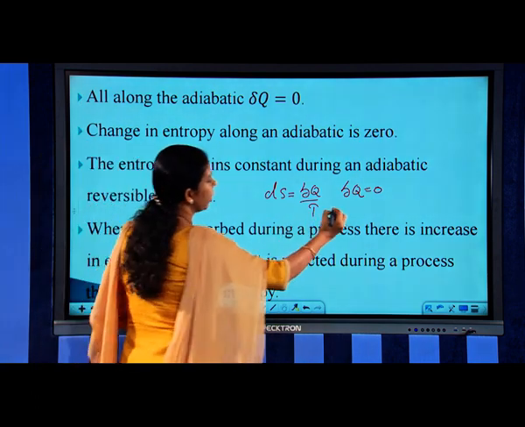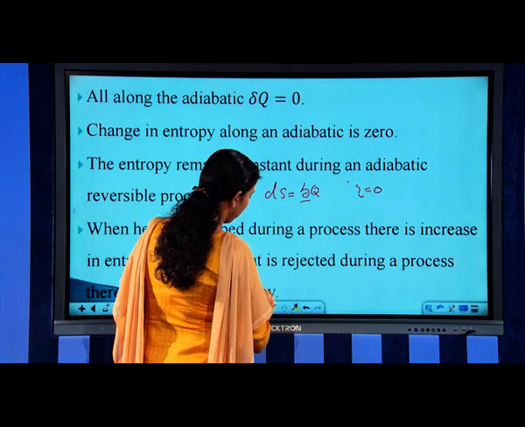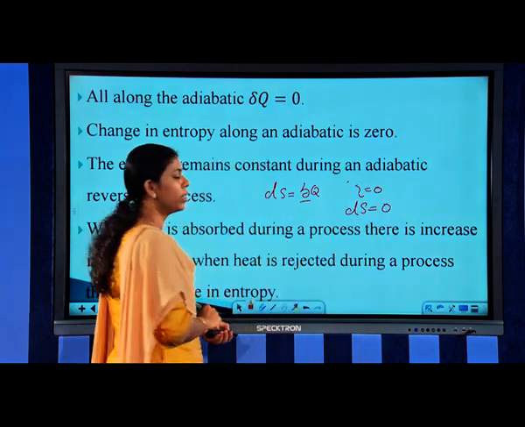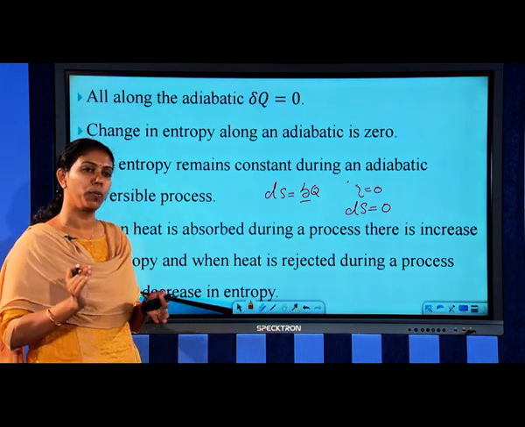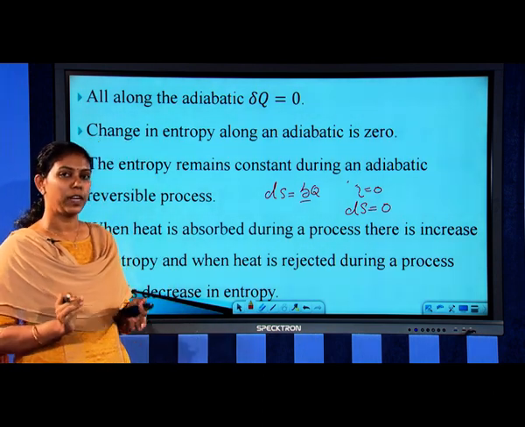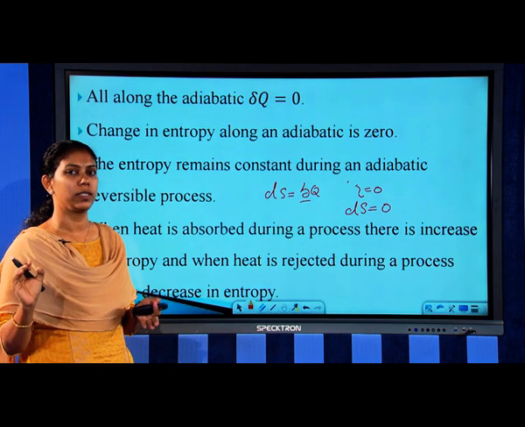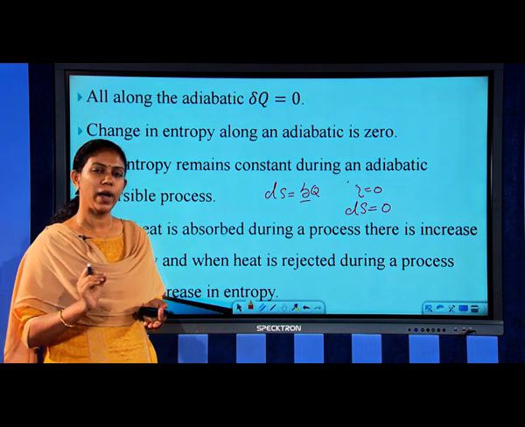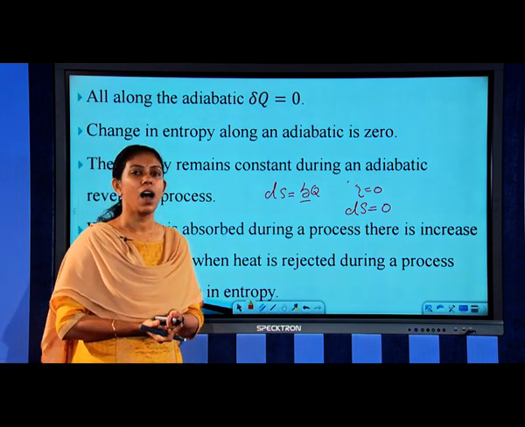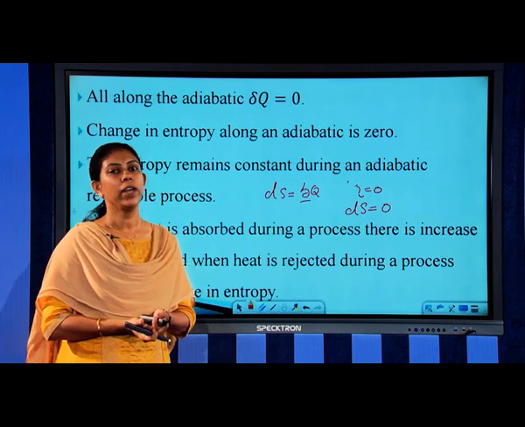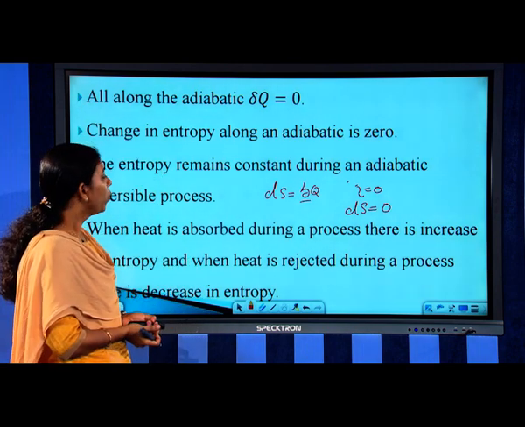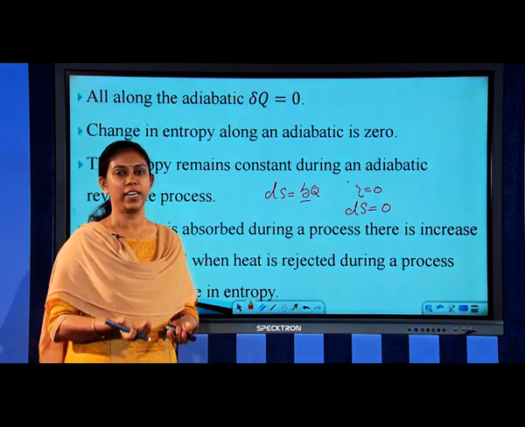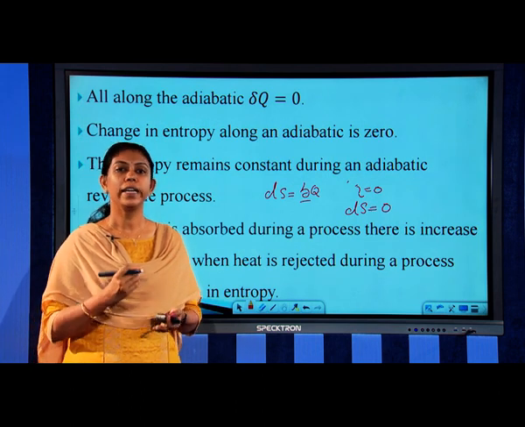Then this equation becomes dS is equal to 0. dS equal to 0 means the change in entropy of the system is 0. That means entropy remains constant during an adiabatic reversible process. So, an adiabatic reversible process is known as an isentropic process. When heat is absorbed during a process, there is an increase in entropy, and when heat is rejected during a process, there is a decrease in entropy.